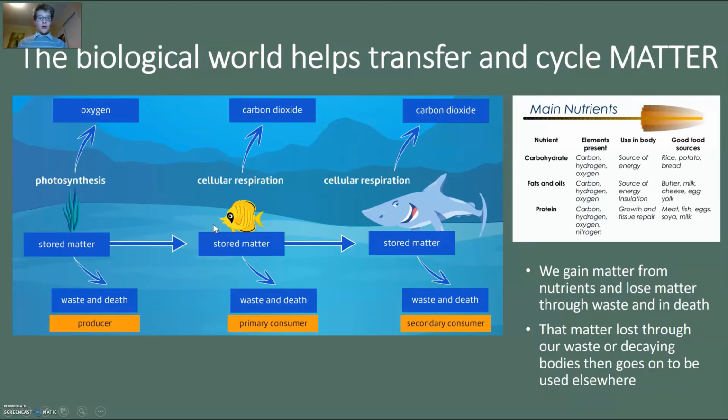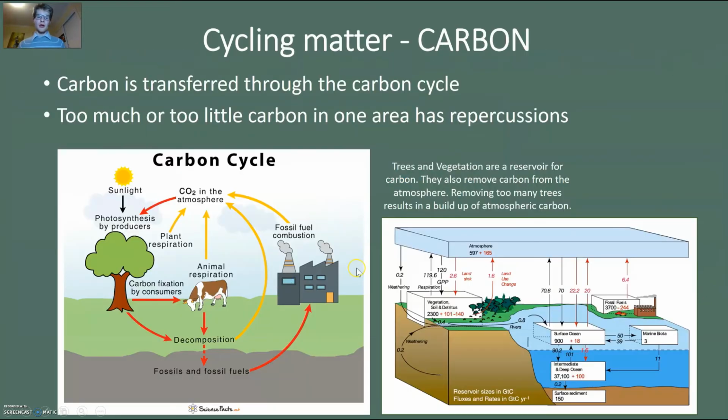Matter can also be lost in waste, say through respiration with carbon dioxide or through the waste you produce, and matter can also be lost in death, your corpse. It will just be a pile of matter that will then be decomposed, and that matter will then go on to another place. The main example we can use when we look at the cycling of matter is how carbon is cycled.